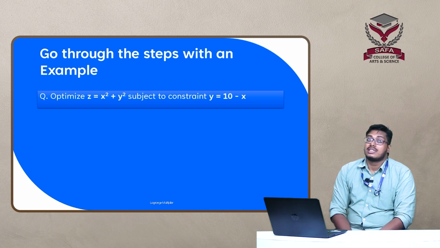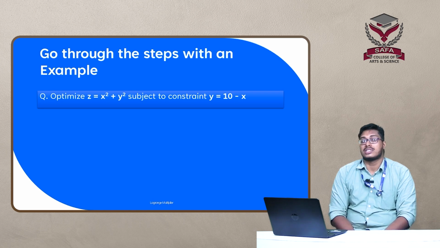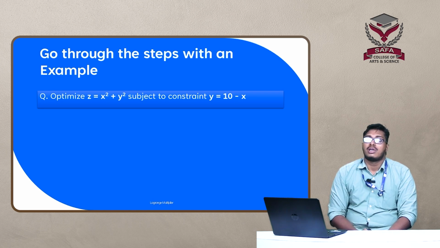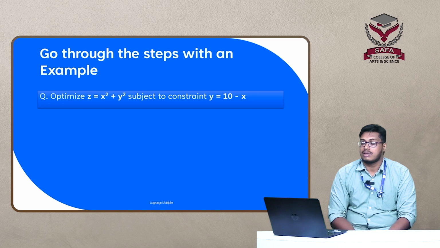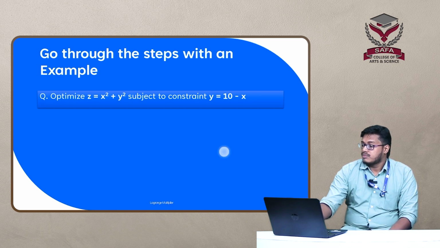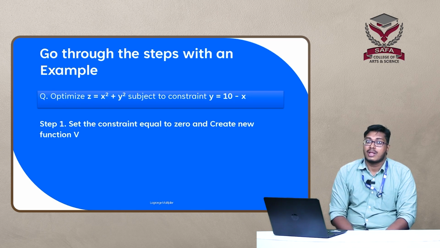Here z is equal to x square plus y square is the objective function, and the constraint function is y is equal to 10 minus x. The objective function may be profit maximization or cost minimization or utility maximization, anything. Okay, then we can go through the steps.